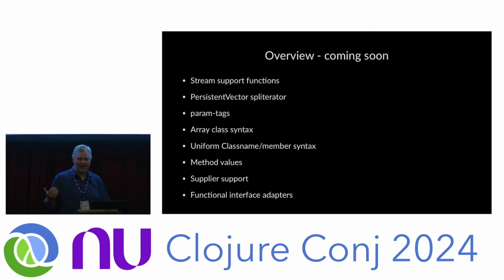You can pass a class/new for a zero-arity constructor of a class into something that takes a supplier functional interface, and it will just call the constructor. You're getting a combination of the method value work and the functional interfaces work. It's going to generate a Clojure function and then adapt that into the right supplier interface.